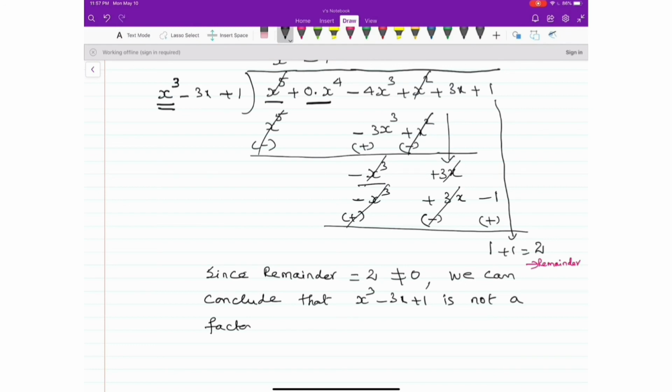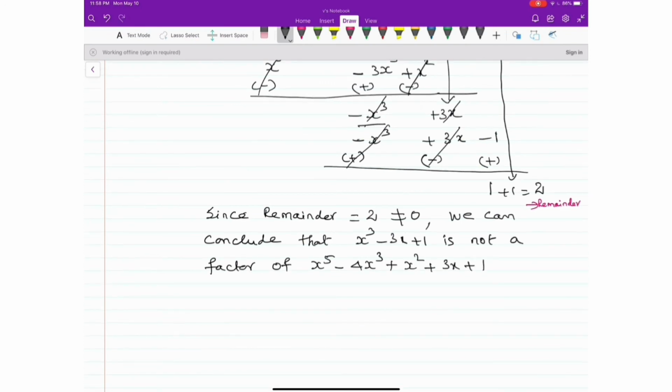Not a factor of x power 5 minus 4x cube plus x square plus 3x plus 1. Of course, you have to conclude your answer. That is very important. Just rewrite the same statement. See, whatever remainder you are getting, you write that. If it is 0, you are going to conclude it is a factor. If it is not equal to 0, you are going to conclude it is not a factor.